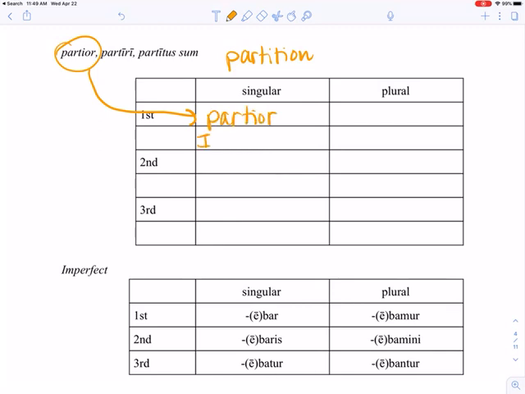And so partior is I divide. We're going to drop the OR. Okay, so there's my stem, and all my other spots.